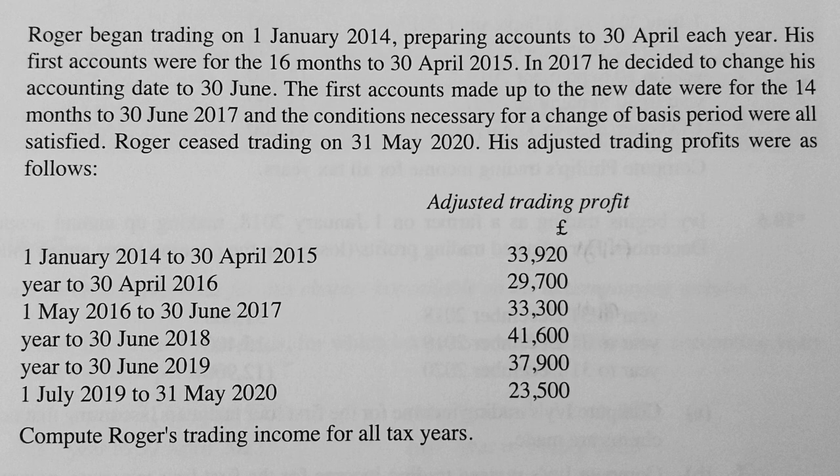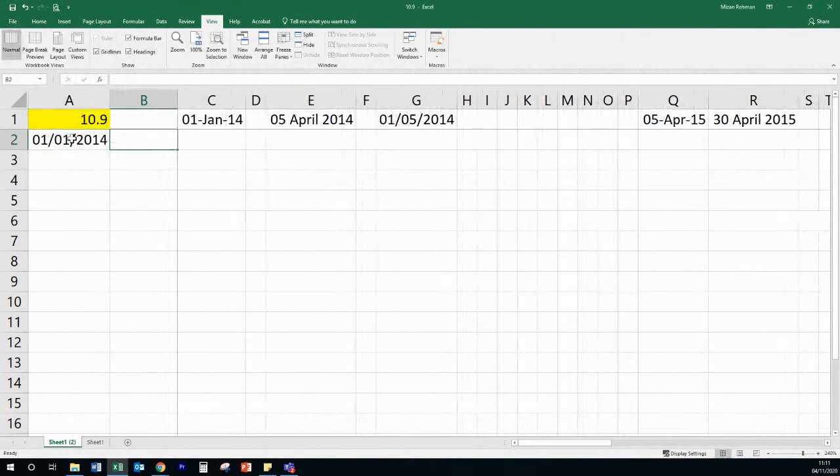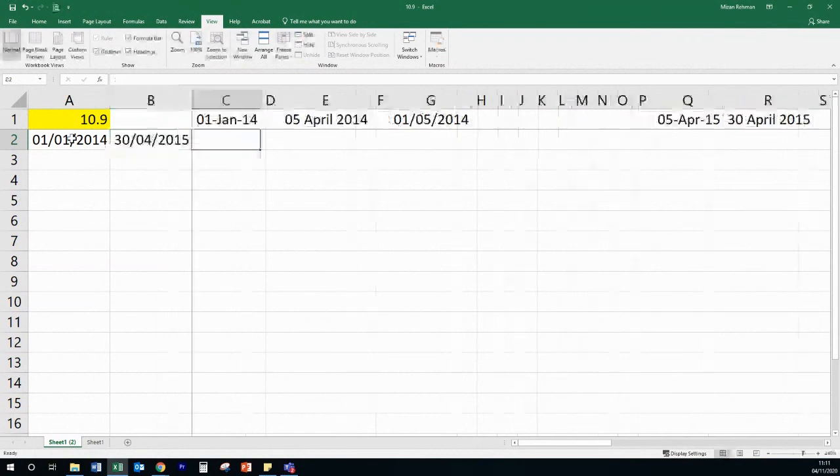To start with, our first data is that he started business from 1st of January 2014 till 30th April 2015. These are 16 months as discussed.